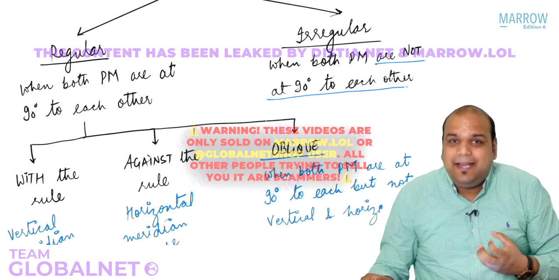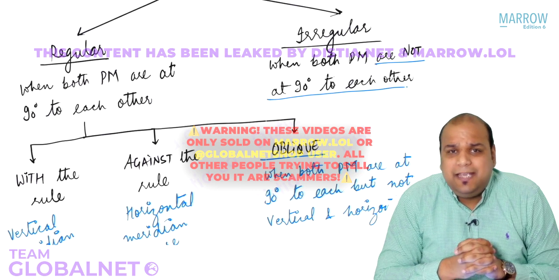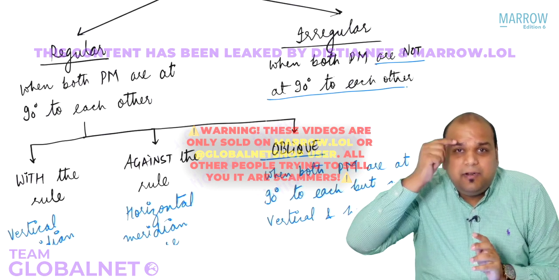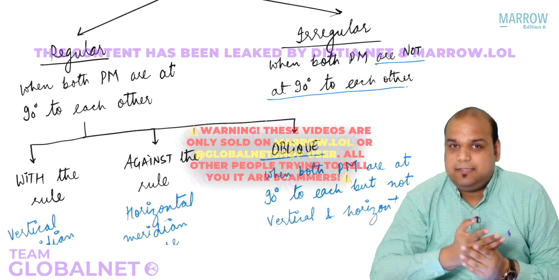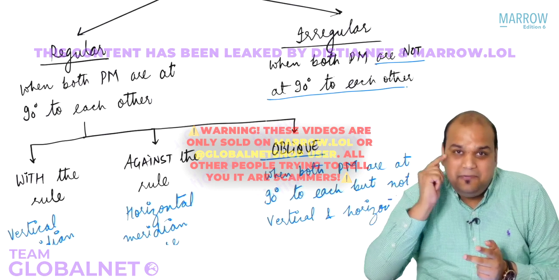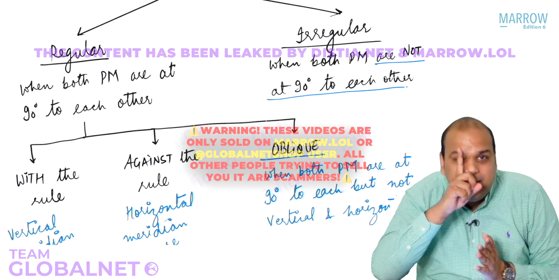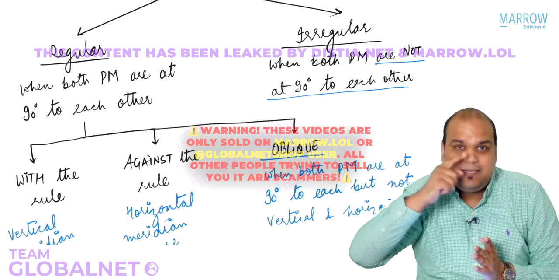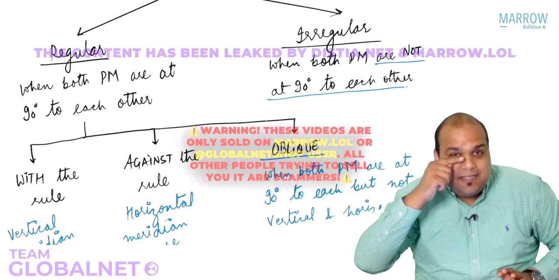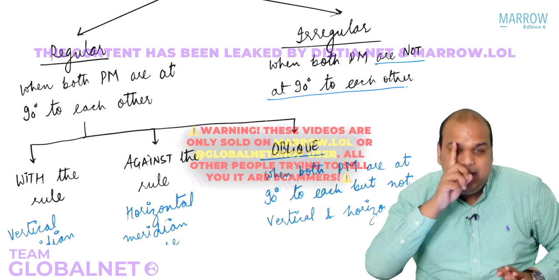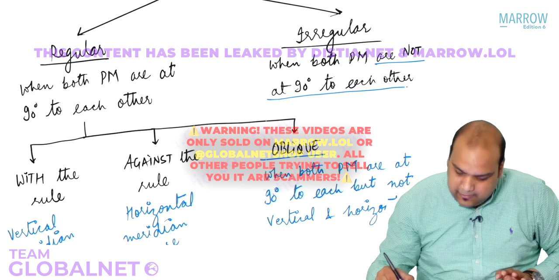Yes, we have already said that our eyeball is aspherical. Because our eyeball is aspherical, I can say the vertical curvature of the cornea and horizontal curvature of the cornea. I have two curvatures, 90 degree, 180 degree. So we say if the curvatures are vertical and horizontal, that means at 90 degrees to each other, it is regular. But if the curvatures are different from each other, one is 90 but one is 170, they are not at 90 degrees to each other, it is irregular.